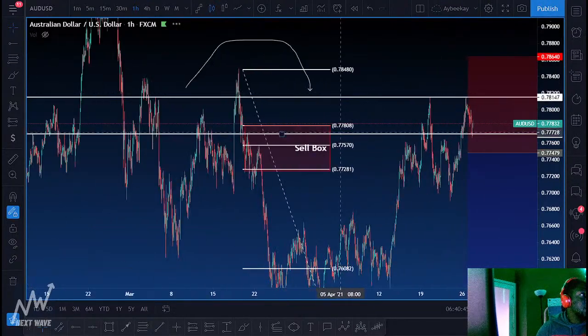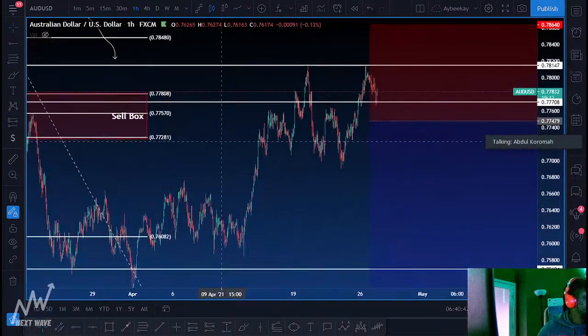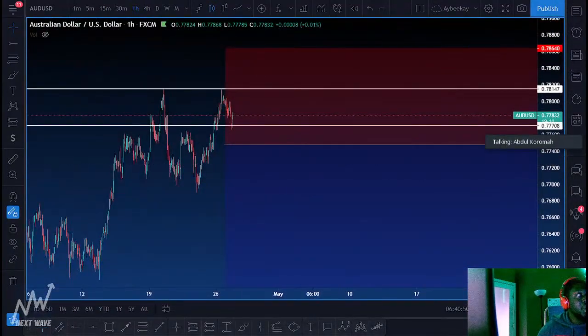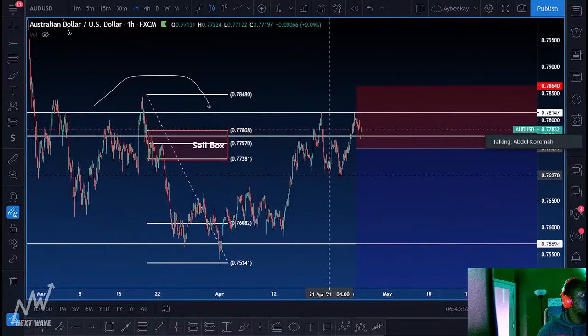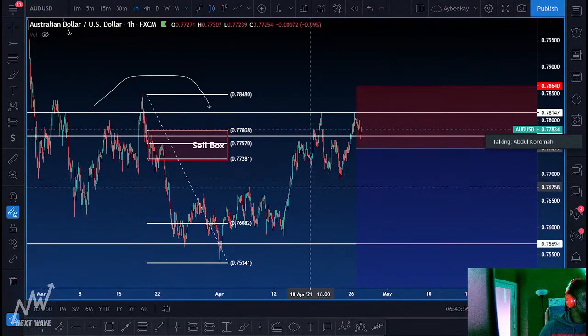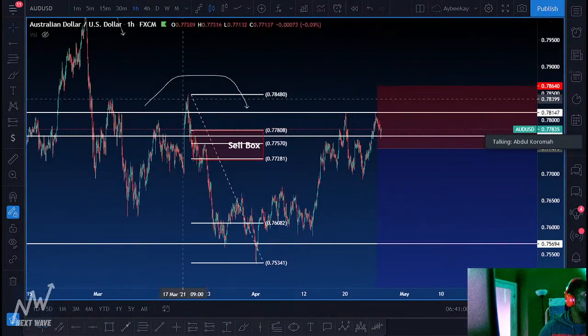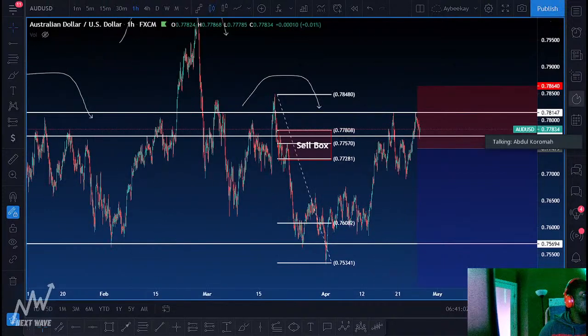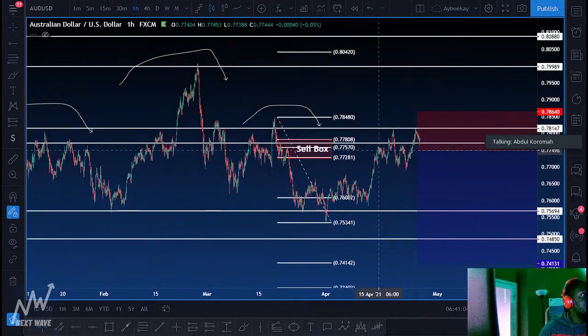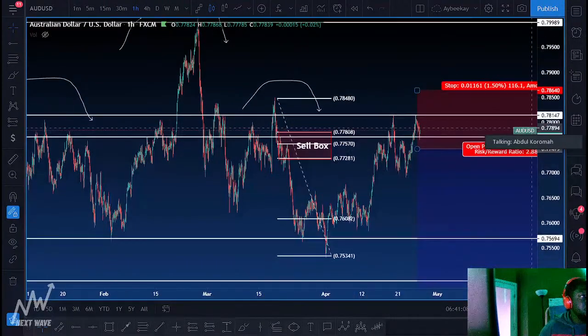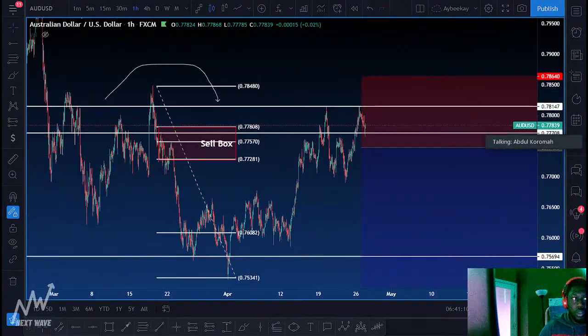I personally think that AUDUSD might be trying to turn around for that potential sell if the DXY is going to let it, right? But ultimately, if price does hit the stop loss and keeps going, this head and shoulders that I had drawn out on the daily time frame would be unusable, or it would be wrong, whatever you want to call it.